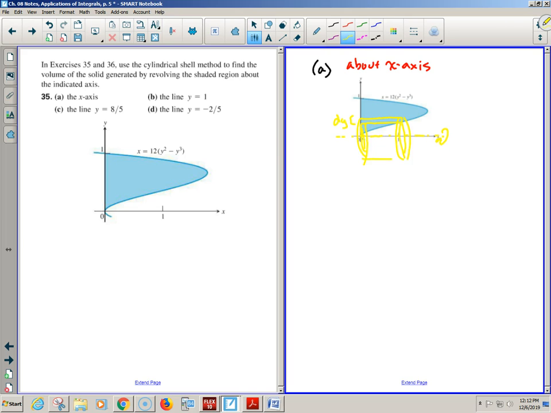If it doesn't help, let's just plug into the formula. I would have 2 pi dy times R of y, H of y. Guess what is the radius?